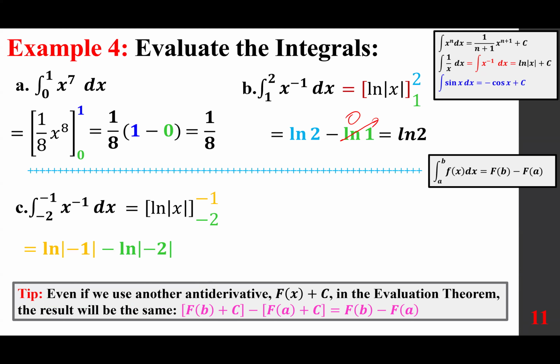And natural log of any negative number is undefined because the domain is from 0 to infinity. 0 is not included. So we have ln 1, which is 0, minus ln 2, and that's the exact answer. And we're done.